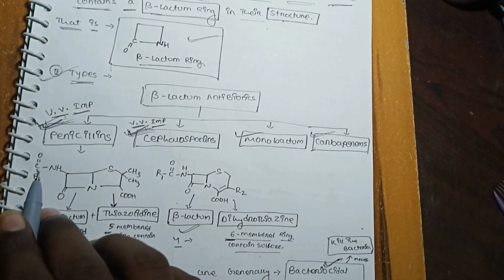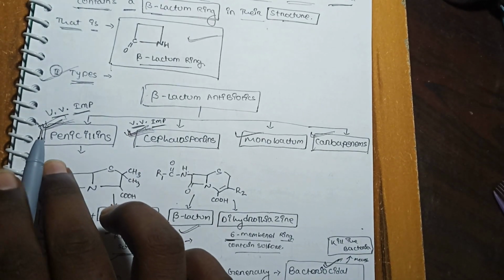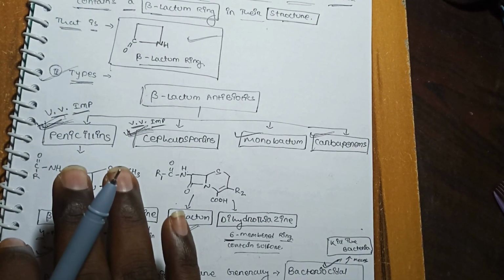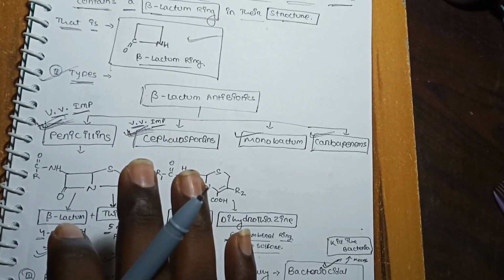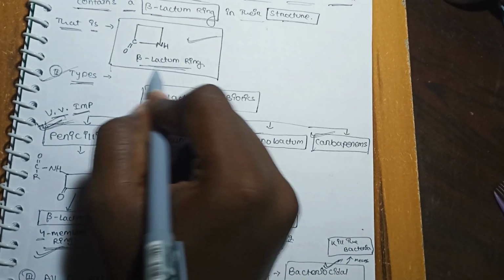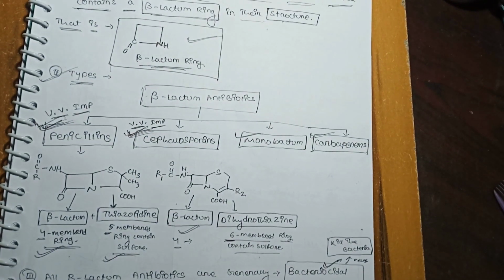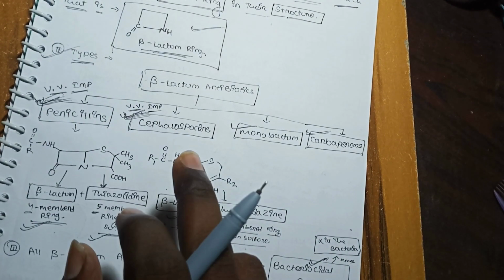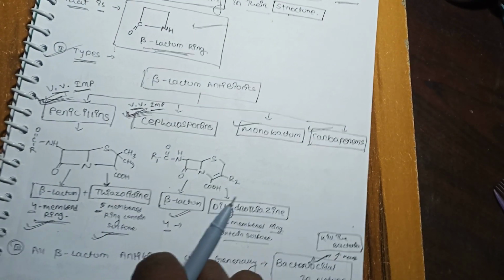So all these beta-lactam antibiotics have a similar structure, the beta-lactam ring. The beta-lactam ring is compulsory, which is responsible for the bactericidal effect.